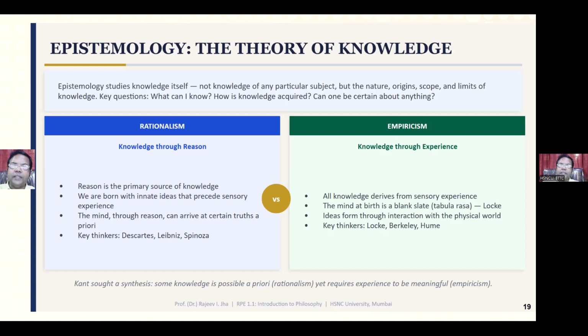Your choice of research methodology, whether survey, experiment, ethnography, or discourse analysis, is grounded in an epistemological position. Know yours explicitly.